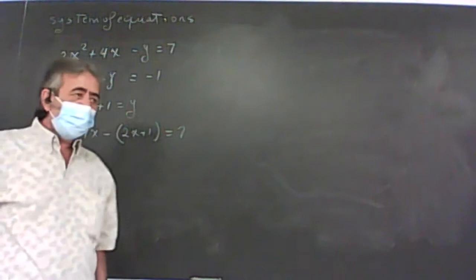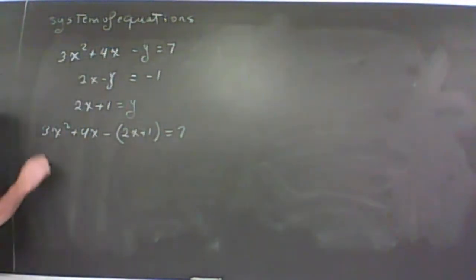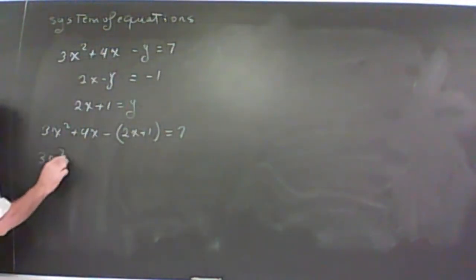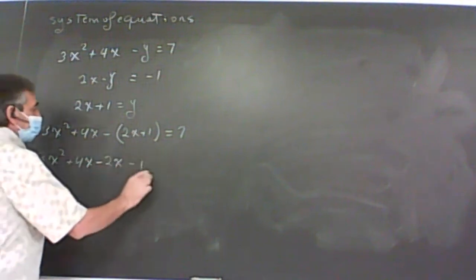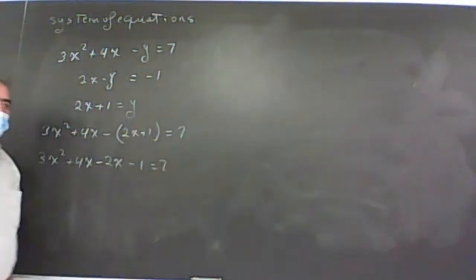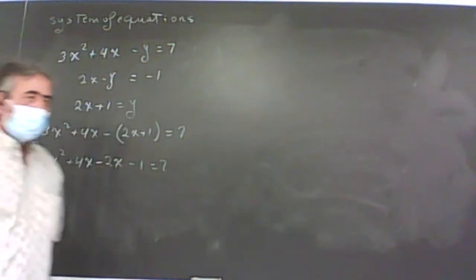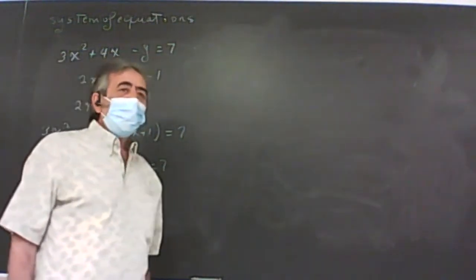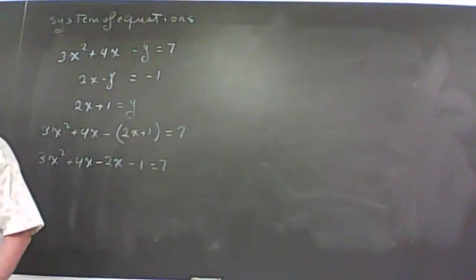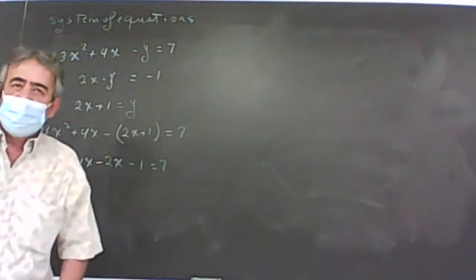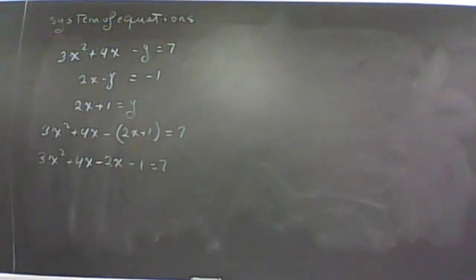So let's simplify this a little bit. We have 3x squared plus 4x minus 2x minus 1 equals 7. When we're looking at a nonlinear quadratic, we always have to put everything to one side, and the other side will be 0.